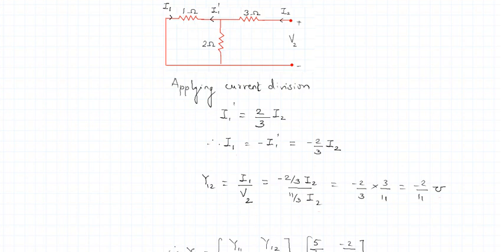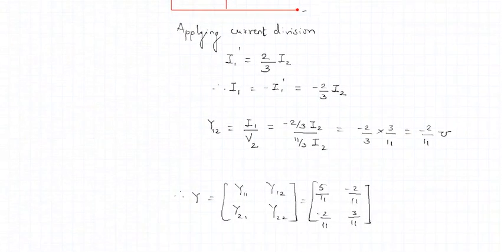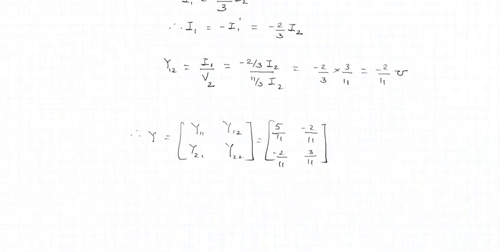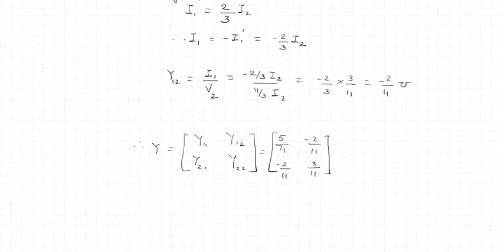So we have calculated all the Y parameters of the network. Expressing this in matrix form is a better way to show the output. So Y is 5 by 11, which is Y11, minus 2 by 11, which is Y12, minus 2 by 11, which is Y21, and 3 by 11, which is Y22. These are the Y parameters of the given network.